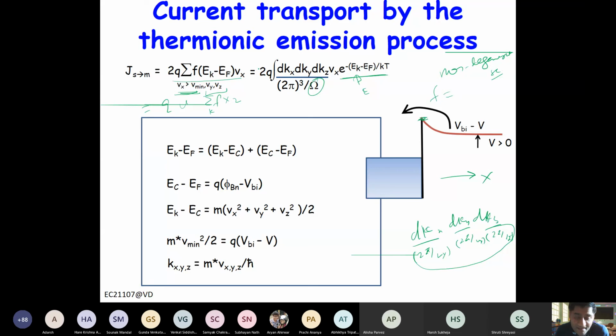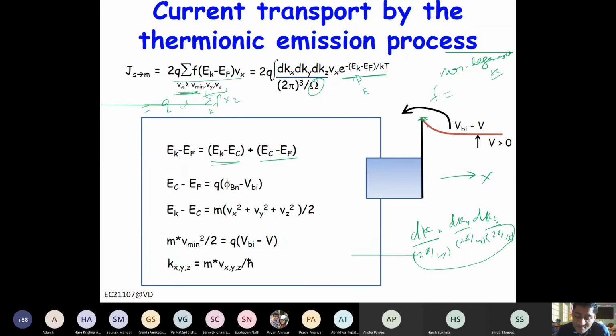So when integrating it, there are certain relationships that are useful. Ek minus Ef can be written as Ek minus Ec plus Ec minus Ef, right? So we will get Ec minus Ef out of this integral, and we will only have Ek minus Ec inside the integral.